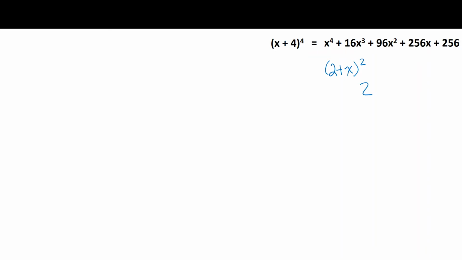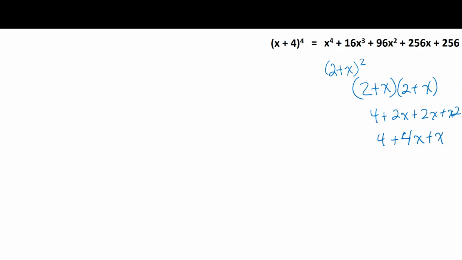which we know to be 2 plus x times 2 plus x. And so when we work that out, it would be 4 plus 2x plus 2x plus x squared, 4 plus 4x plus x squared. So he was looking at some problems like this and problems like this and things to the third, and was wondering, is there any kind of a pattern here, anything that can make this go faster?